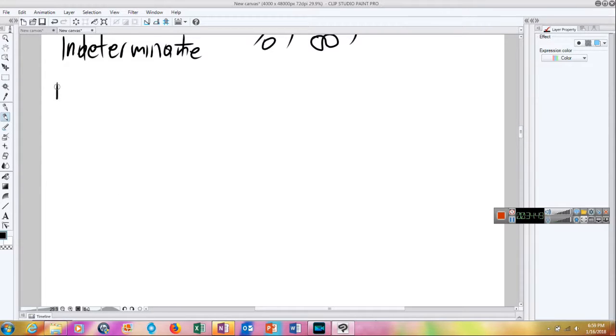So let's just say we have a question. Limit x tends to 3 for the function x squared minus 9 over x minus 3. If you can tell where this is going, some strange things will be happening.